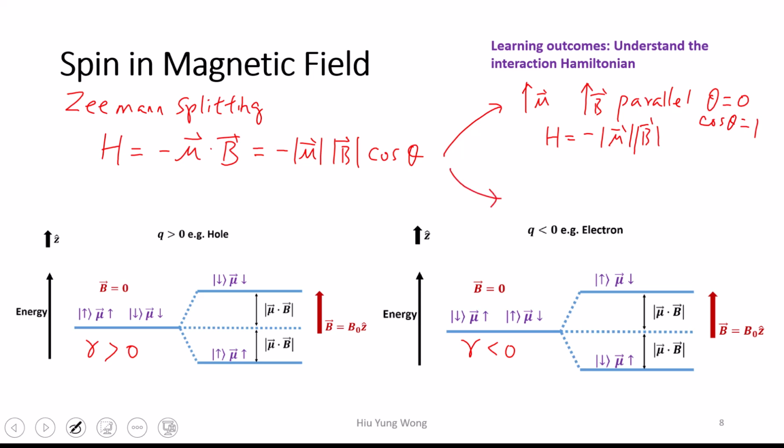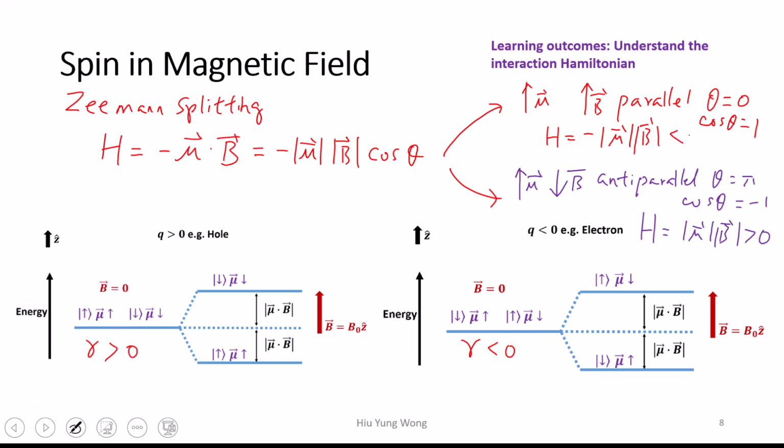Now let me use another color. Mu is pointing up, but B is pointing down. What is the angle between them? Thank you. This is anti-parallel, and I have theta equal to pi. And what is cosine pi? Negative 1. So the Hamiltonian equals mu B, which is positive.